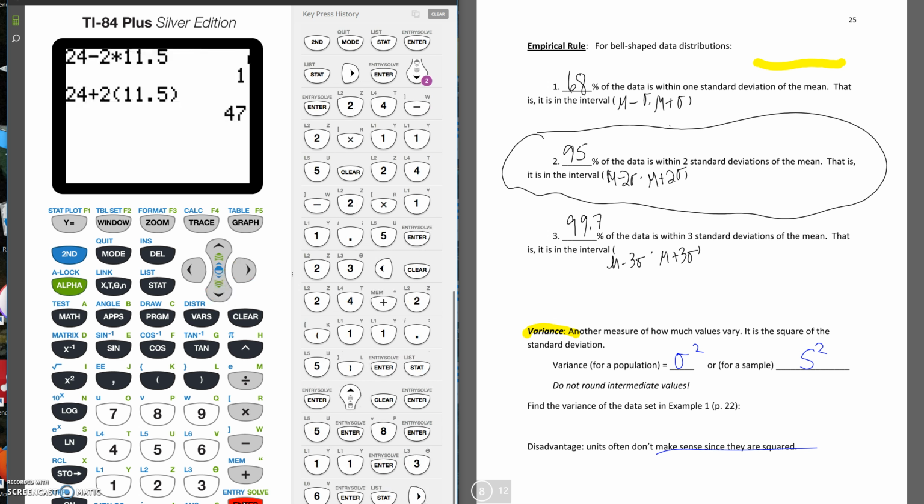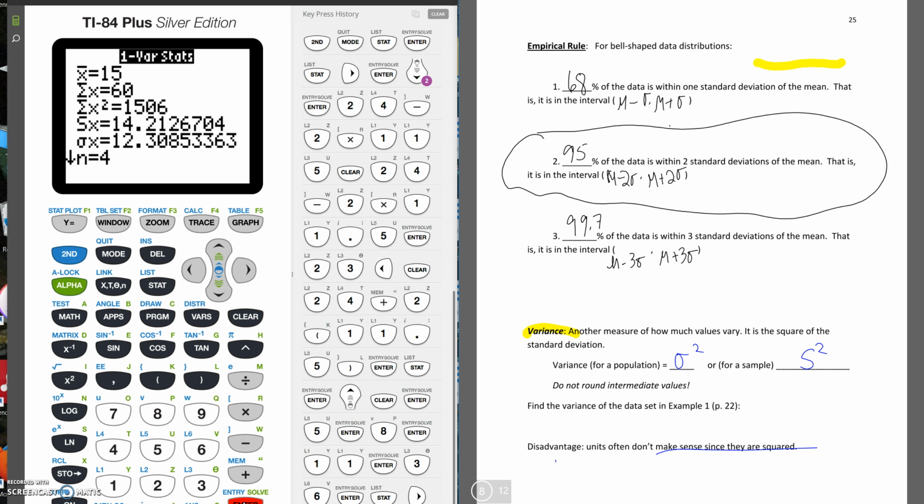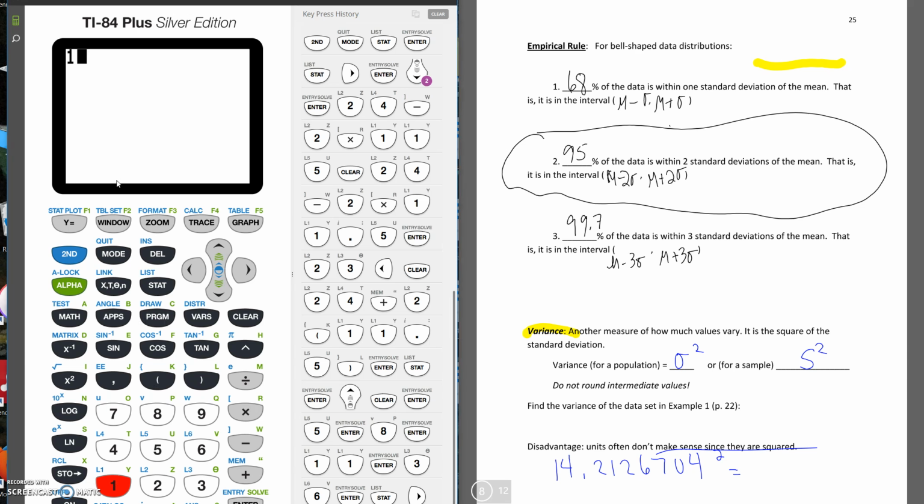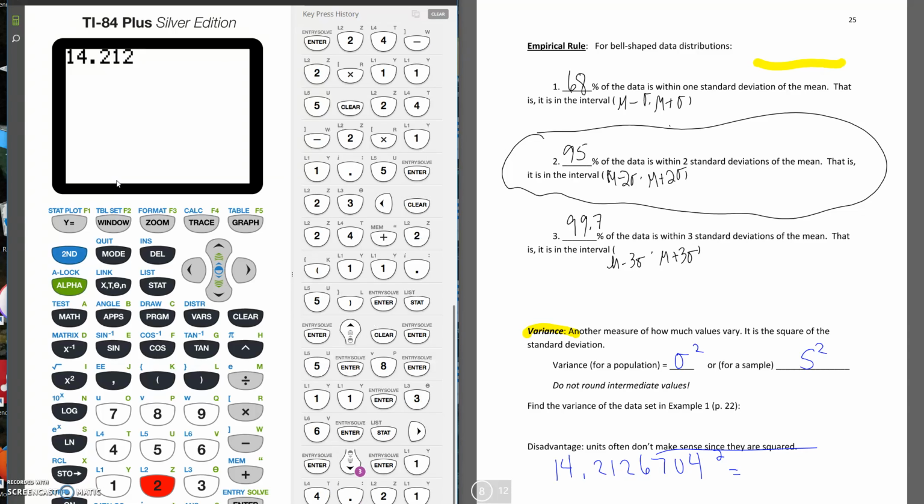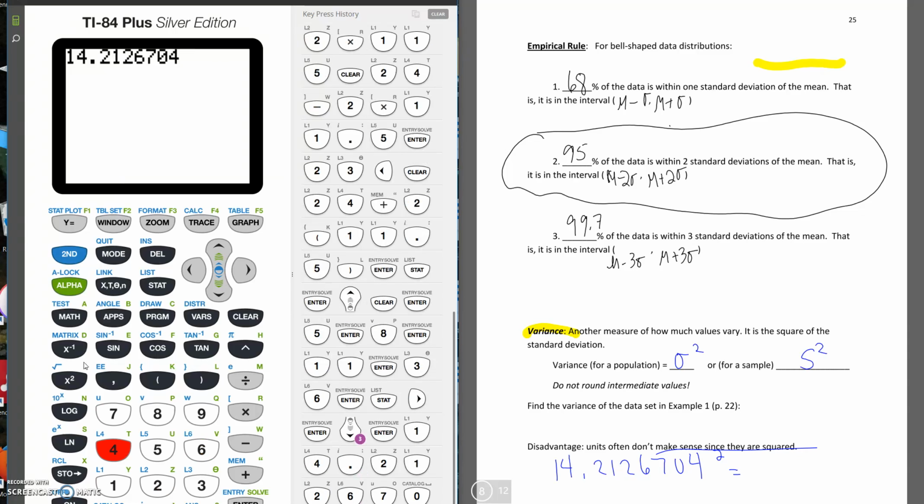This was just a sample, so we're going to take the s value, 14.2126704, and we're going to square that. We can round this final answer to 2 decimal places, which would round it up to 202. So you just take the standard deviation and you square it to find the variance.